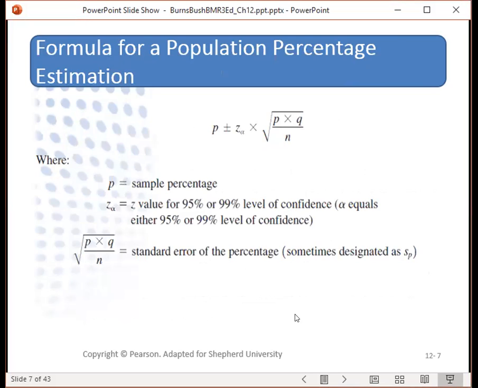This is how we calculate our interval for a percentage estimation. P is going to be our sample percentage. Q is going to be 1 minus P. Z is going to be our Z value for the 95 or 99% confidence levels. And of course, that whole term, P times Q divided by N and then the square root of that, is the standard error of the percentage.